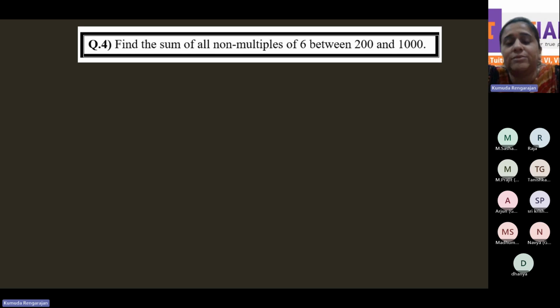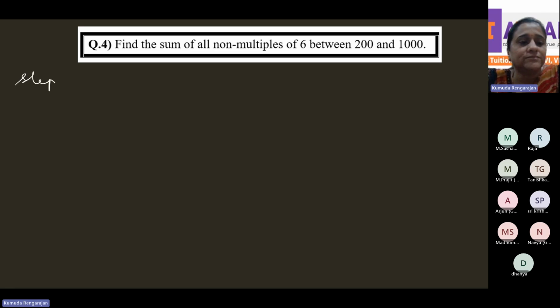Find the sum of the multiples of 6 between 200 and 1000. And then find the sum of all the numbers between 200 and 1000. The difference of these two sums will give you the sum of the non-multiples of 6. So this is the procedure.